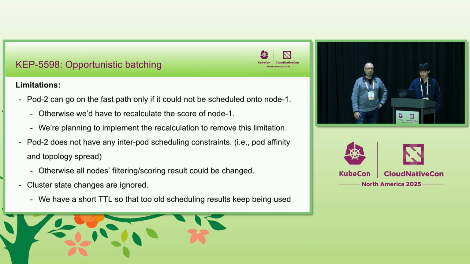Because for those features, the scores and also the filter results could be changed after scheduling pod 1 onto somewhere. So if we want to support those features, we have to recalculate all filtering and scoring results, which we wanted to avoid.